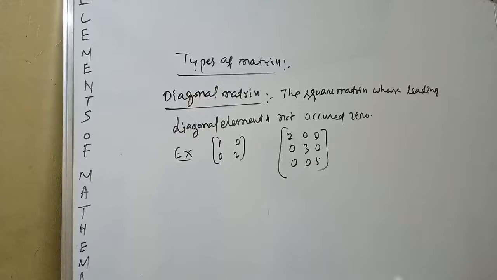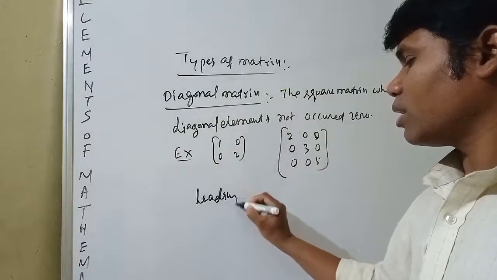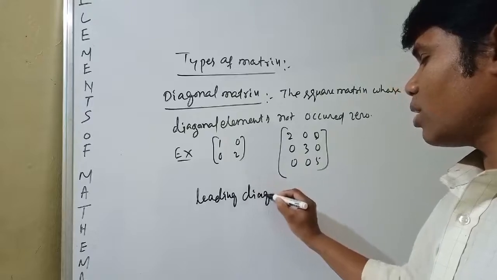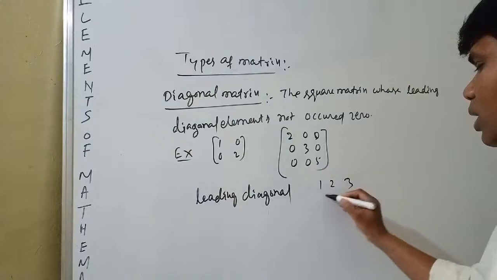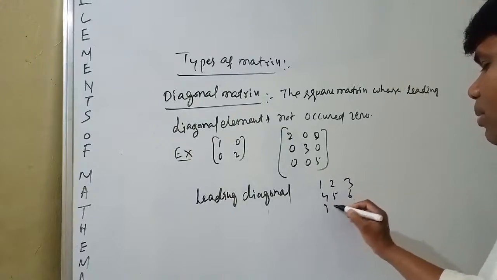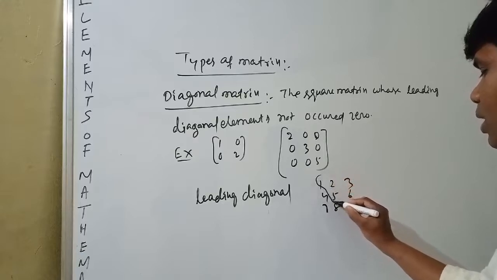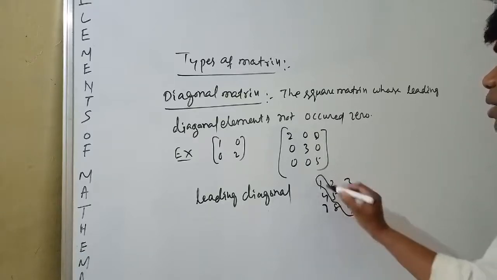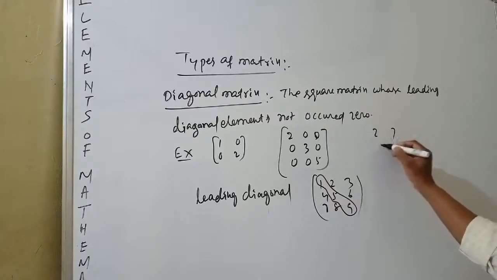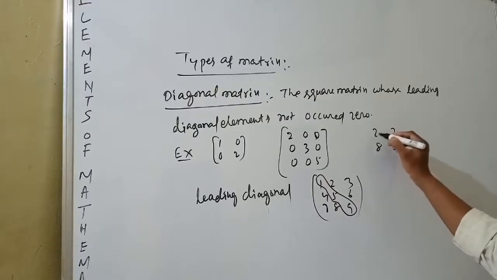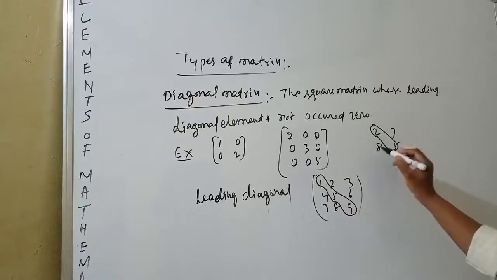What is the leading diagonal? Suppose I write 1 2 3 4 5 6 7 8 9. This is the leading diagonal. Suppose I write 2 7 8 5. This is the leading diagonal.